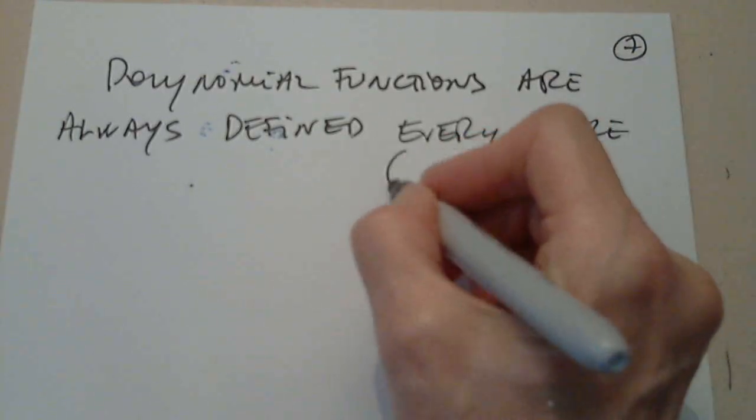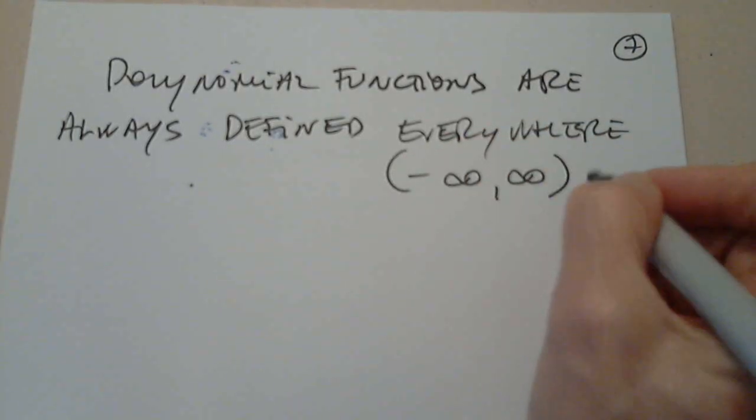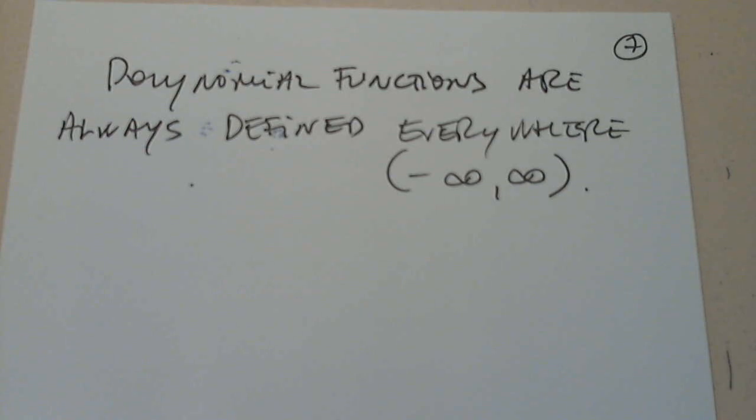By everywhere, we mean this. Polynomial functions are always defined everywhere. By everywhere, we mean negative infinity to infinity. The range may not be negative infinity to infinity.